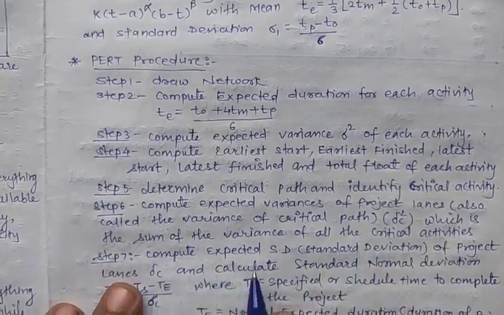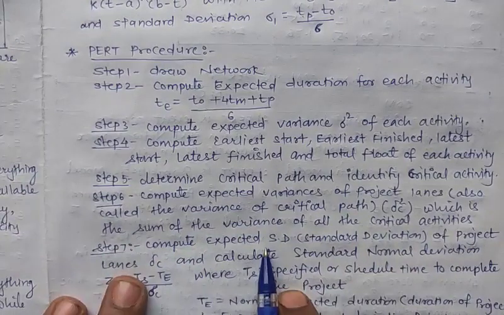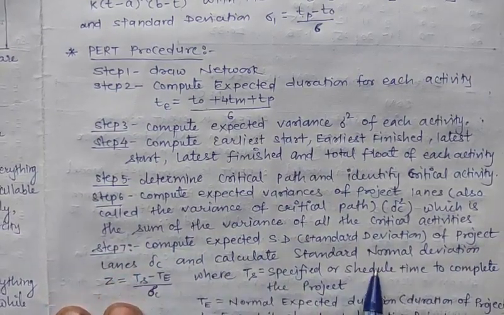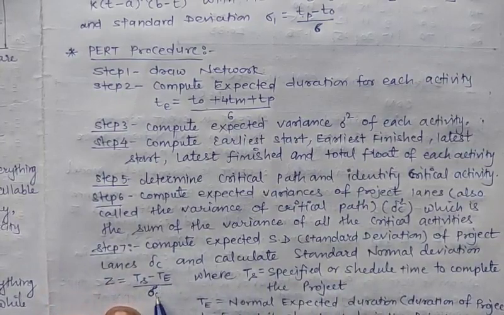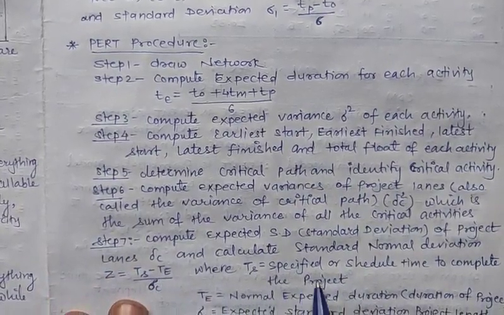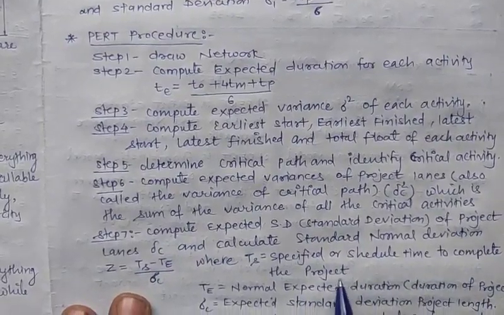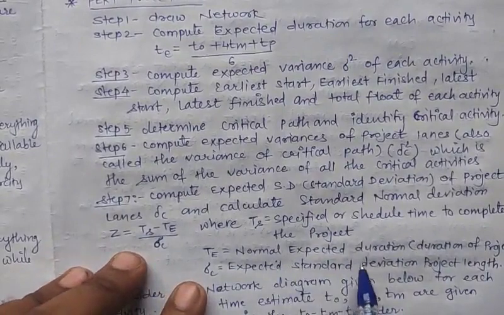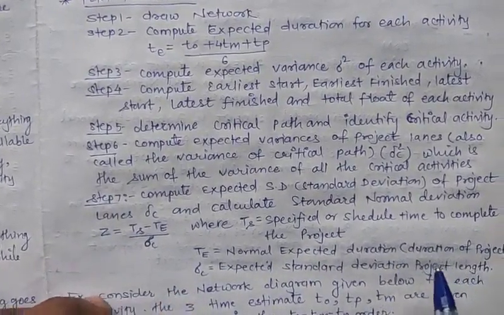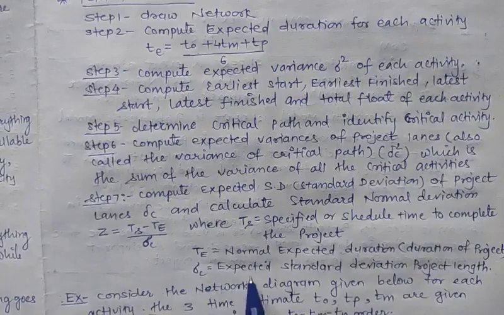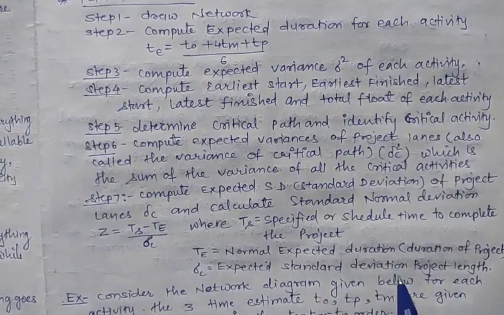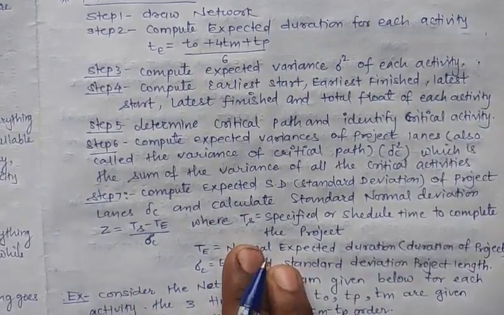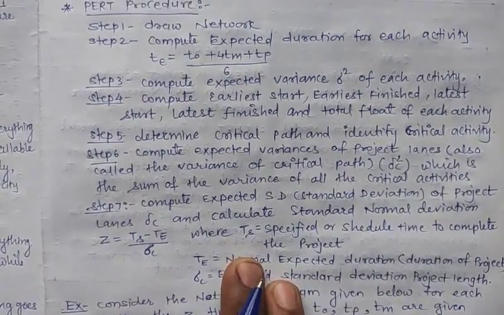And the last step is to compute the expected standard deviation of the project length sigma C, and calculate the standard normal deviate Z, which is (Ts minus Te) upon sigma C, where Ts is the specified or scheduled time to complete the given project, Te is the normal expected duration of the project, and sigma C is the expected standard deviation of the project length. Now this is the procedure to solve problems using PERT.